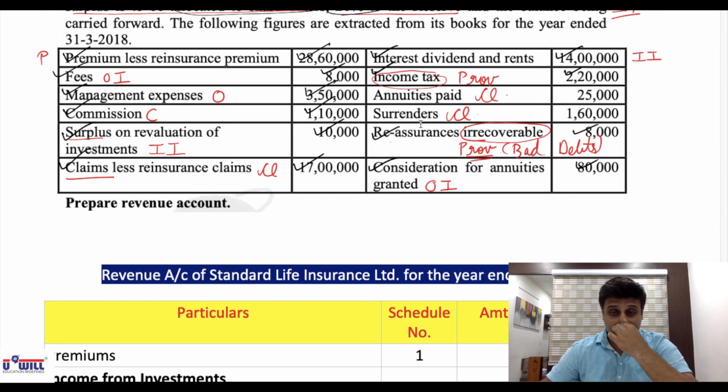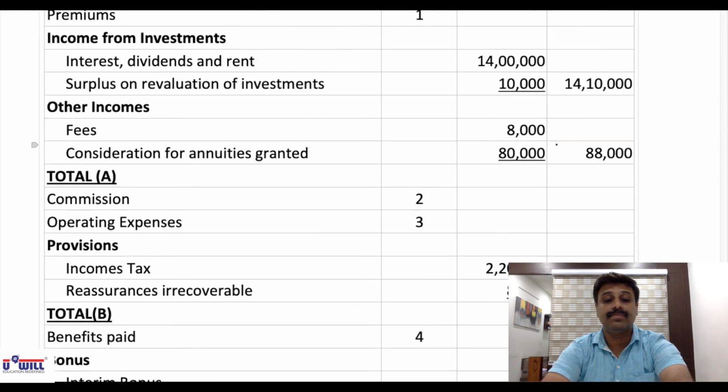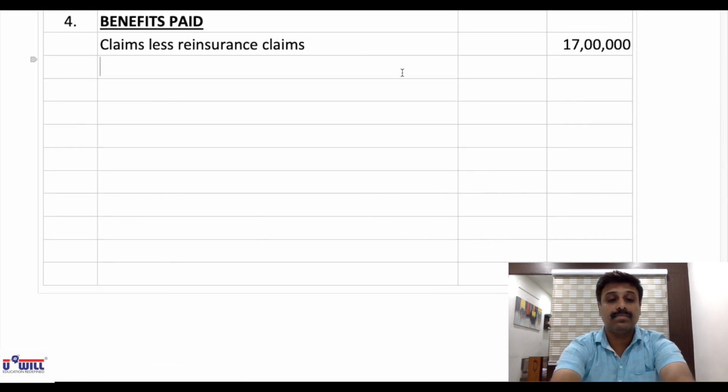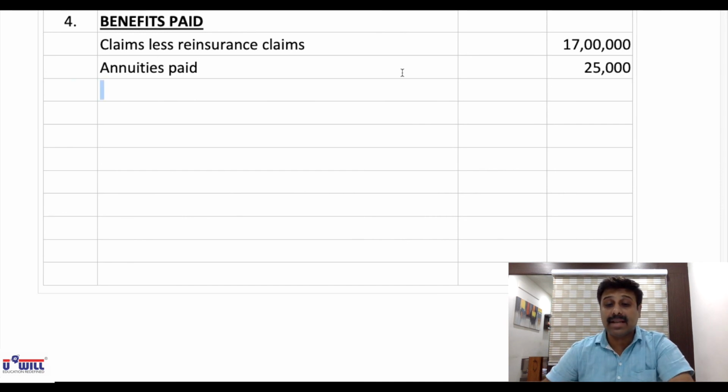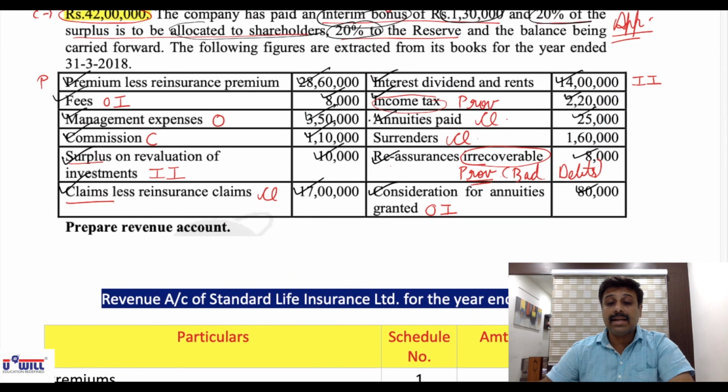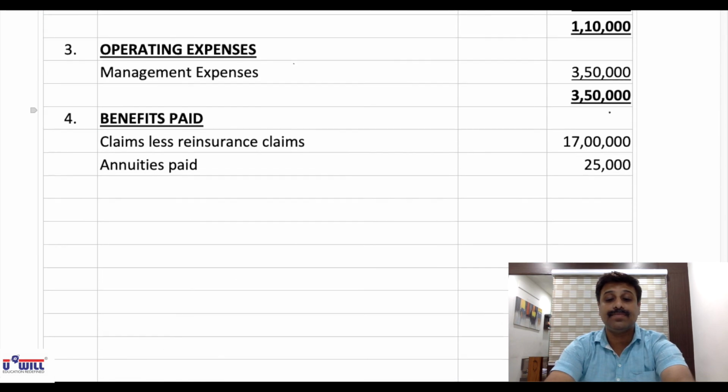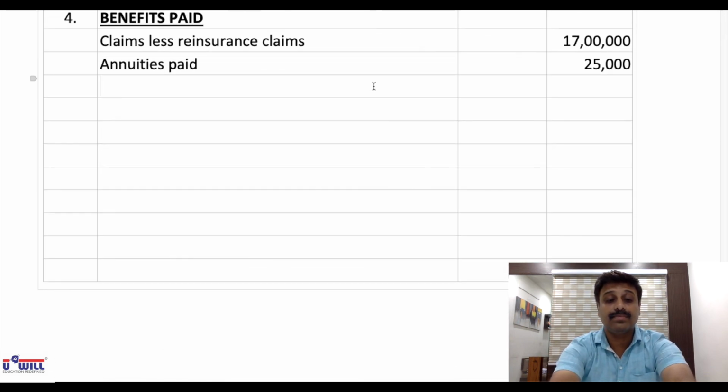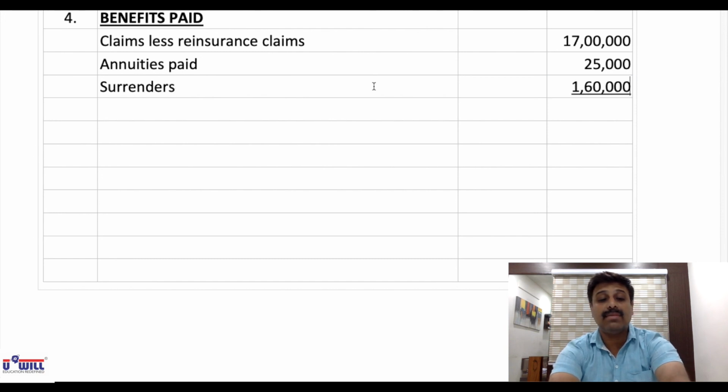In that we have annuities paid 25,000. Then after annuities paid we have surrenders also, 1,60,000. So all the items of claims are taken into consideration. 18,85,000 is the total.